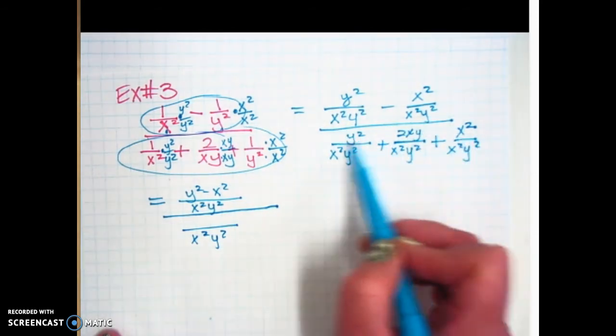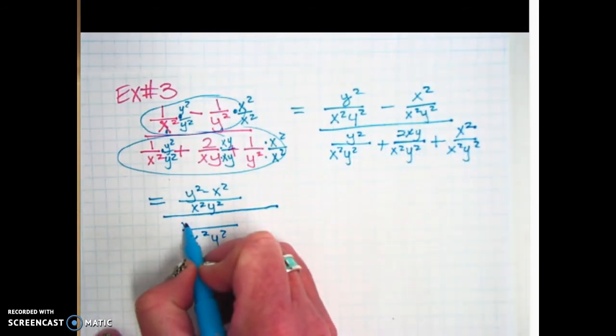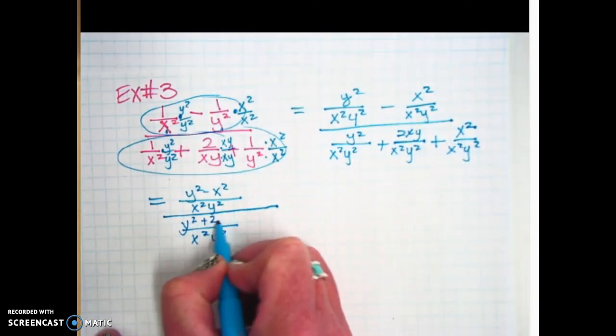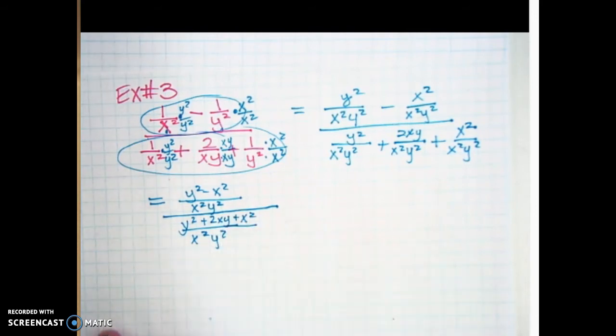And then we've got these three terms. Are any of them like terms? No, so we have to write them all separately. Y squared plus 2xy plus x squared. Which is a little hard to recognize without numbers in it, but it is also a special pattern.